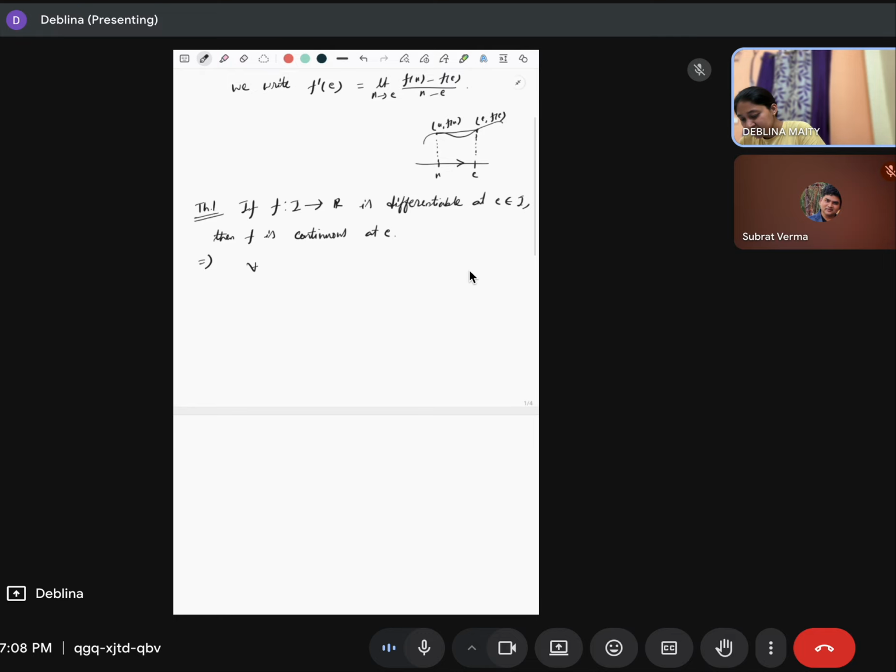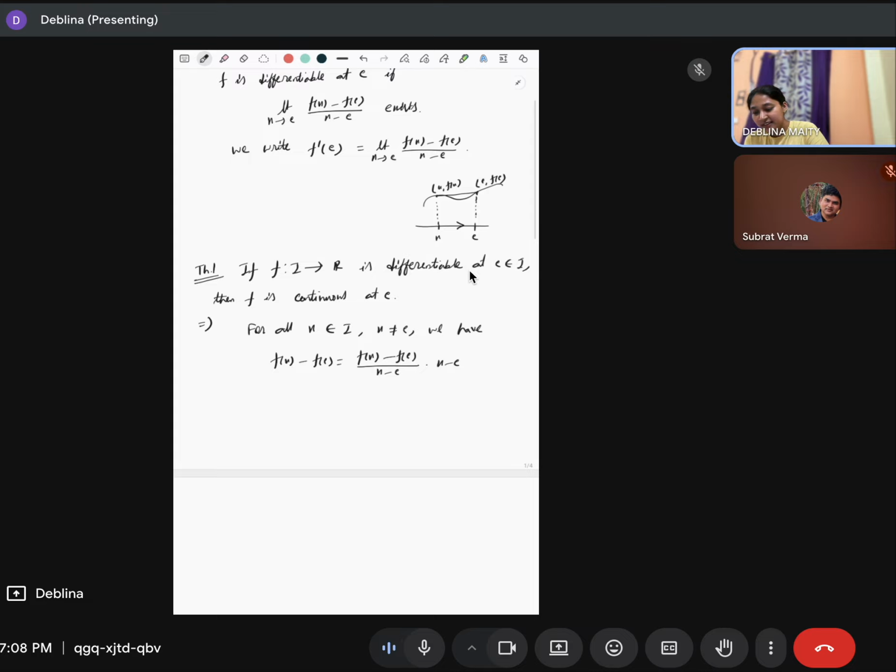For all x belonging to I which is not c, we have f(x) minus f(c) equals (f(x) minus f(c)) by (x minus c) into (x minus c). Since x is not equal to c, we can write it in this way. Now since f is differentiable at c, the limit as x goes to c of (f(x) minus f(c)) by (x minus c) exists.